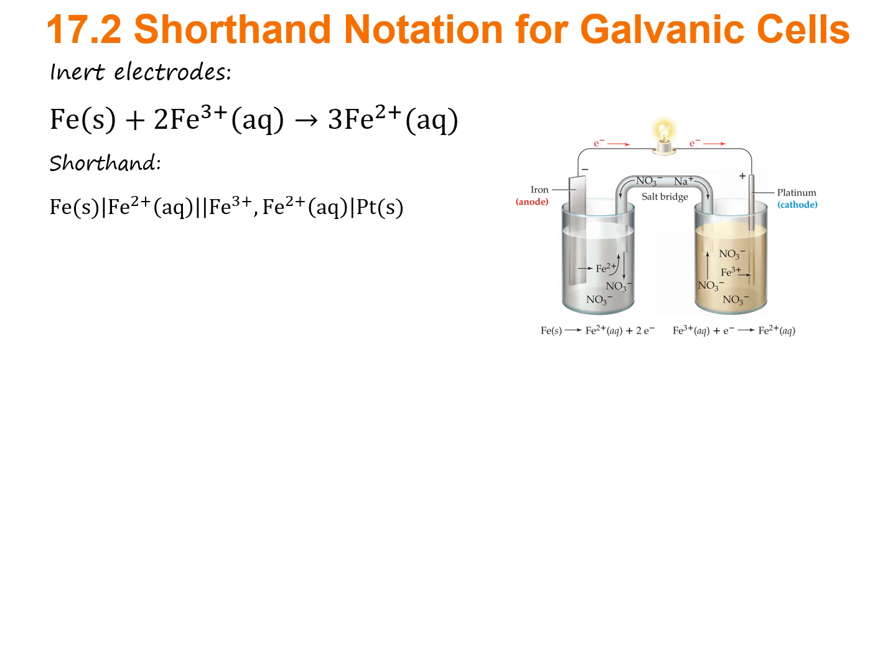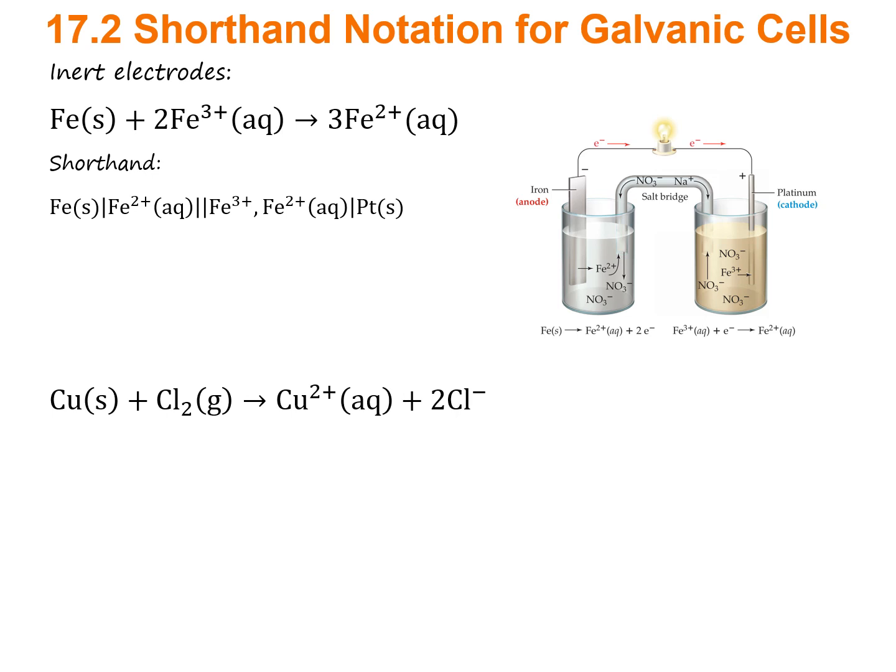And then we have Fe3+ going to Fe2+, as the electrons are flowing to the 3+, yielding 2+, and that's happening at the platinum electrode. So we denote that inert electrode at the very end there, and it also has another single bar between it, indicating that it is in a different phase.